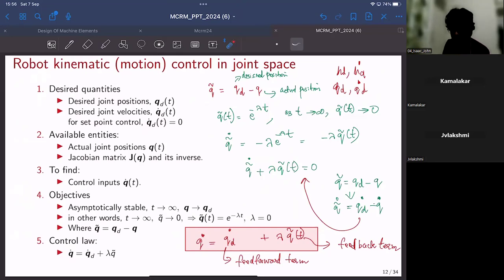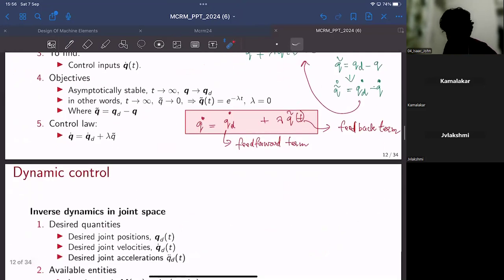So I hope that is clear. That is what robot kinematic motion control in joint space is about. And this is a closed loop control. In the earlier case, it was an open loop, and we said it will only work under certain conditions, but this is actually a closed loop control. Okay, so that is about it.